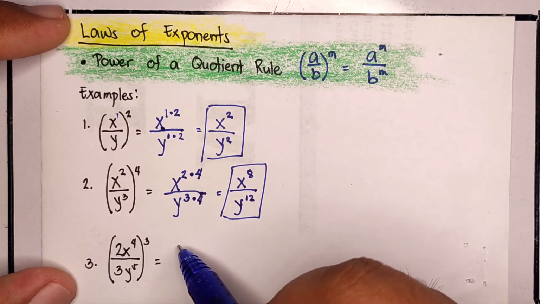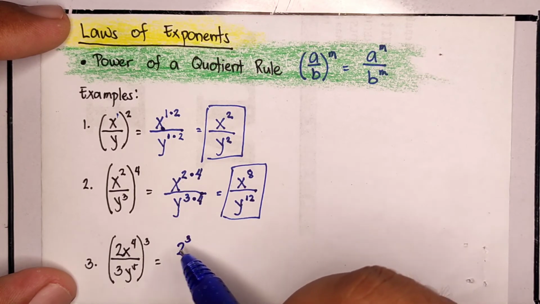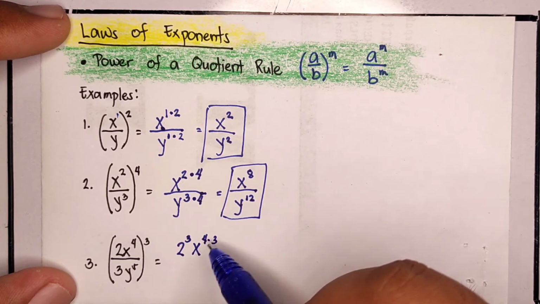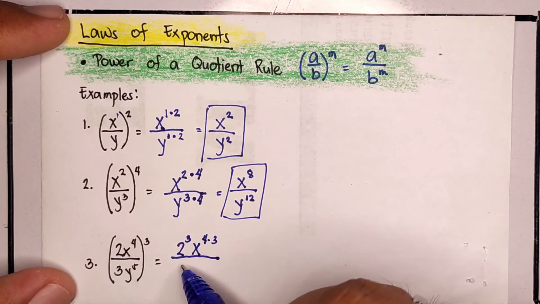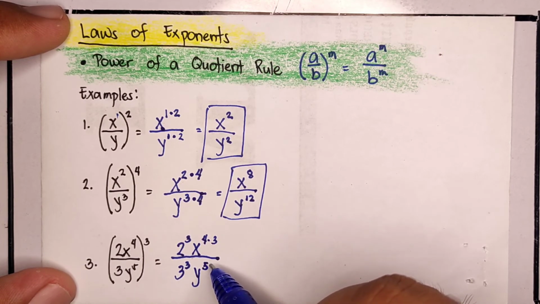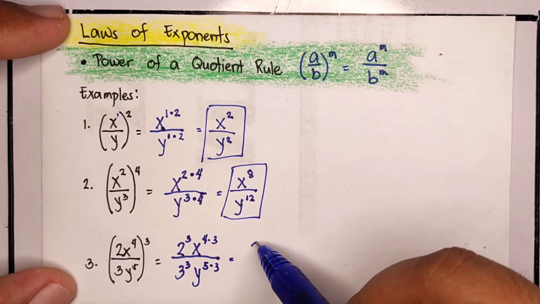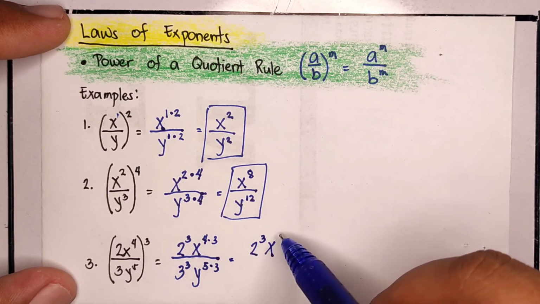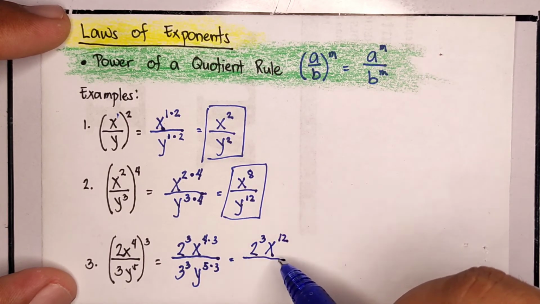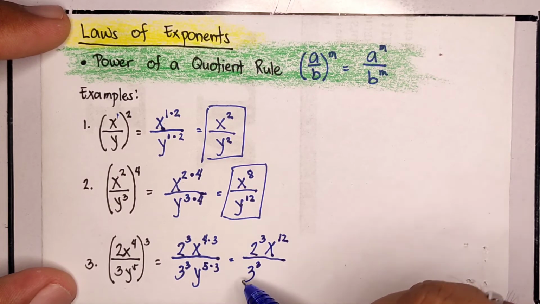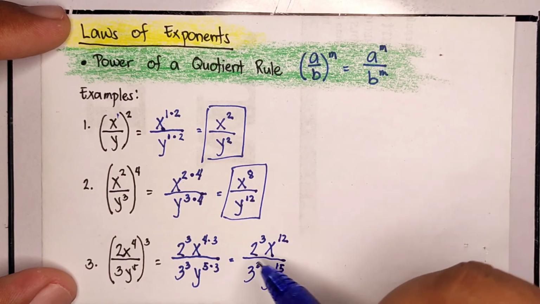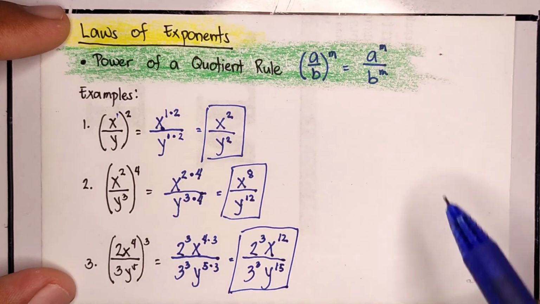Okay, we have here 2 cubed, 1 times 3, then x 4 times 3 over 3 cubed, then y 5 times 3, and that is 2 cubed, x 4 times 3 is 12, then 3 cubed, then y 5 times 3 is 15, and this would be our answer.